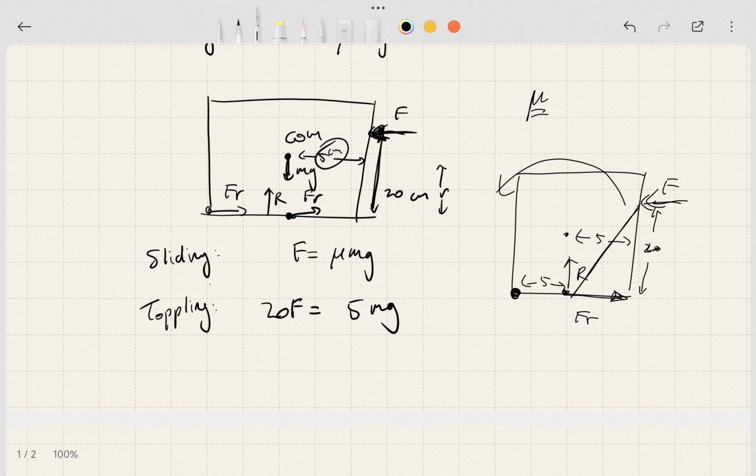So those two torques are going to balance each other, and dividing through, we get 20 is equal to 5 over mu, and hence we have mu is equal to a fourth. Let me just check the answer, see if it's correct. I think it is correct, but let's just check. It's 0.25 as the answer, which is correct.